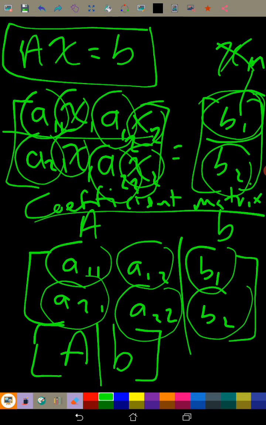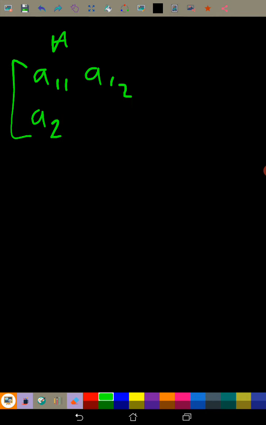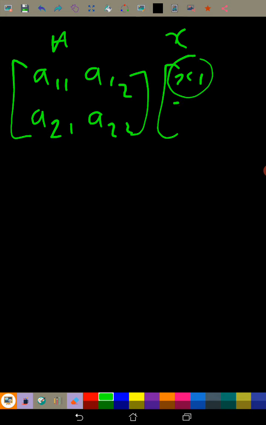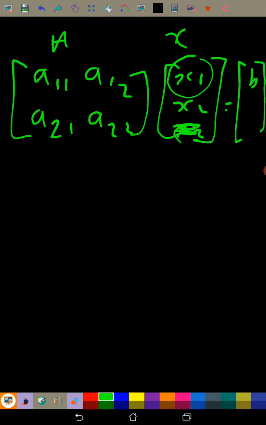Okay, so if someone says, do me a favor, write this: a11, a12, a21, a22, and then we have x1, x2. These are the unknowns. I didn't write more than this, I'm simplifying and writing just the first two for you to understand.